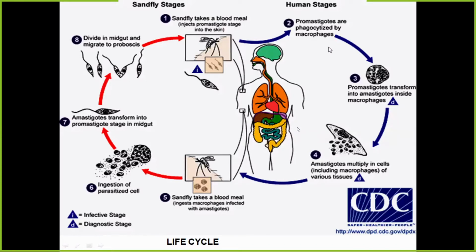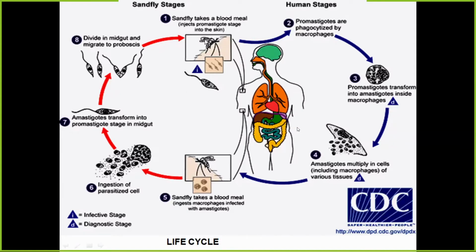Promastigotes are injected, and the injected promastigotes are phagocytosed by macrophages. And then inside the macrophages, the promastigote transforms to amastigotes. And the amastigotes multiply in the cells, including macrophages of various tissues. Okay, so the disease-causing form is the amastigote, right?